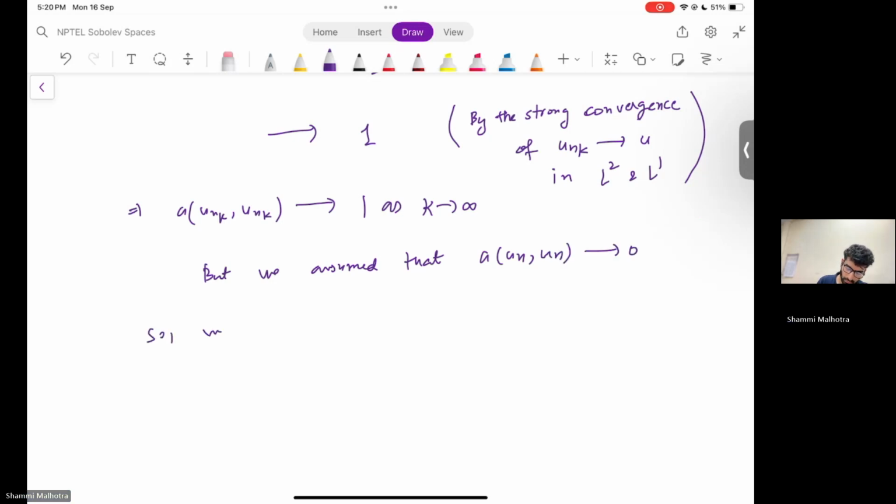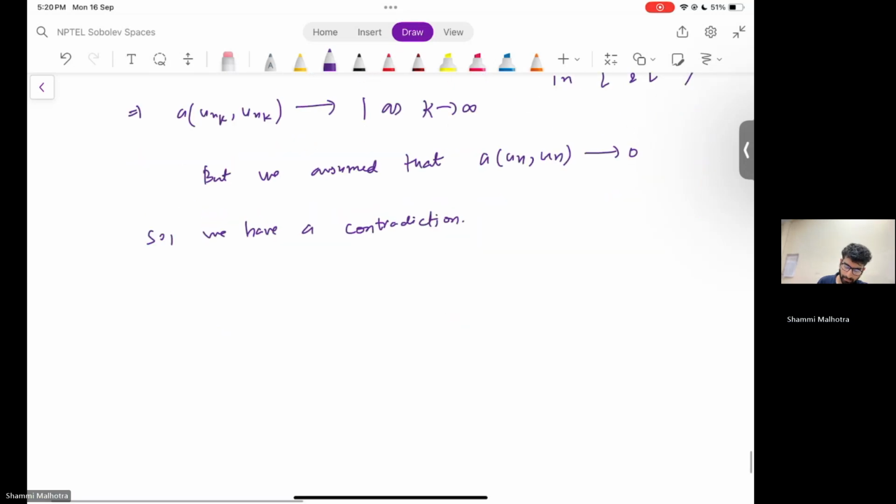So we have a contradiction. Thus, A is coercive. Okay.